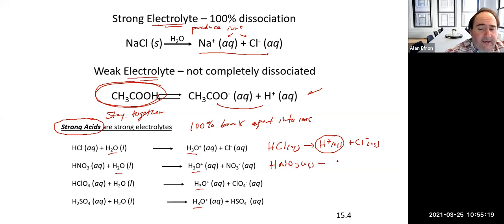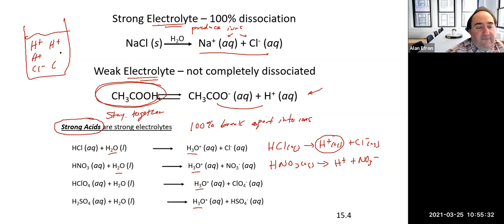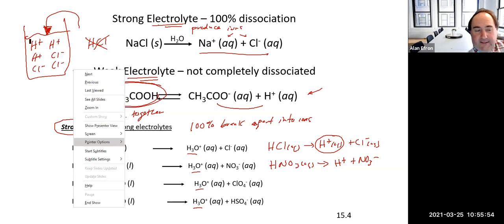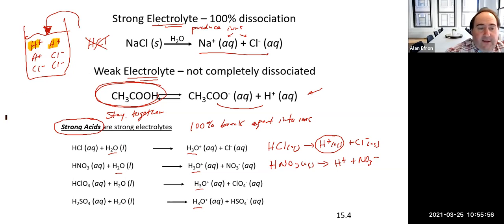What's basically happening here is we have this acid in solution. And when we have an acid in solution like hydrochloric acid, it is 100% H plus and Cl minuses floating around. You have absolutely none of the HCl units still together when it goes for a swim because it's a strong electrolyte. Any questions on that? That's why it really is considered a strong acid, because it pretty much just needs to go for a swim, and it produces a lot of free H plus very quickly.